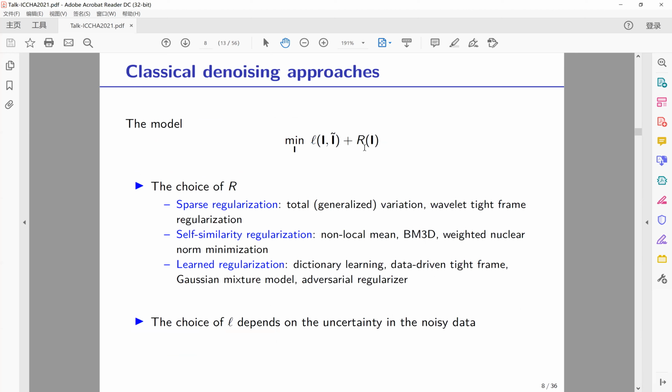And we can also apply the latest learned regularization, which means that we can learn the prior when we want to restore our image. And the data fidelity term L always measures the uncertainty between the noisy data and the true data. So this is my emphasis in this talk.